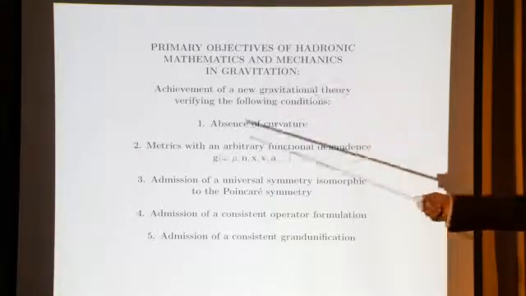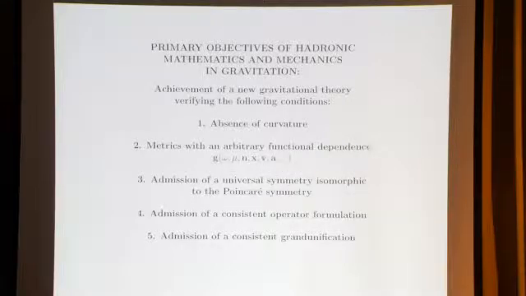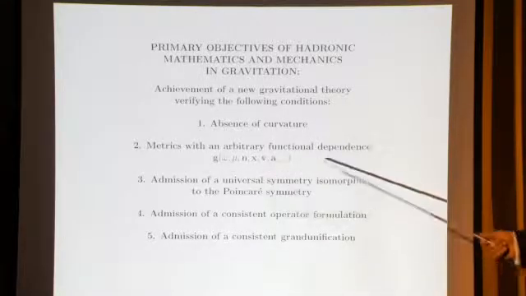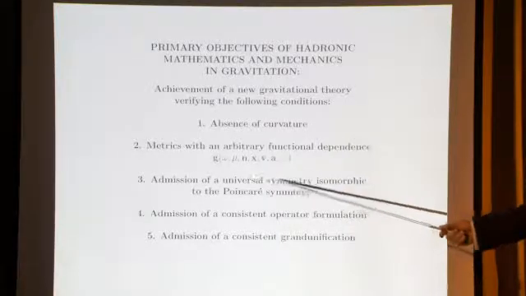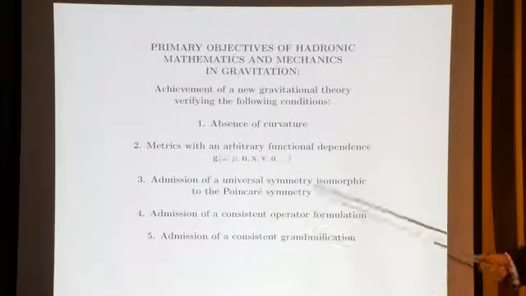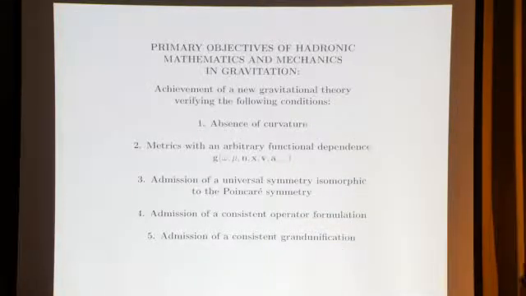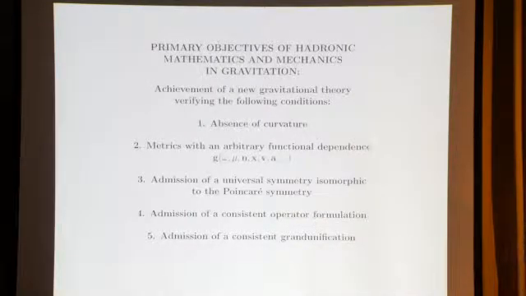The theory that's been worked out has no curvature, and has an arbitrary functional dependence on the frequency of light, the local speed, index of refraction, density, arbitrary unrestricted functional dependence. And of course it is based on universal invariance necessarily, and other conditions, and necessarily admits a consistent operator form using actually the same axioms of relativistic quantum mechanics. We embed the gravitation in the unit of relativistic quantum mechanics.